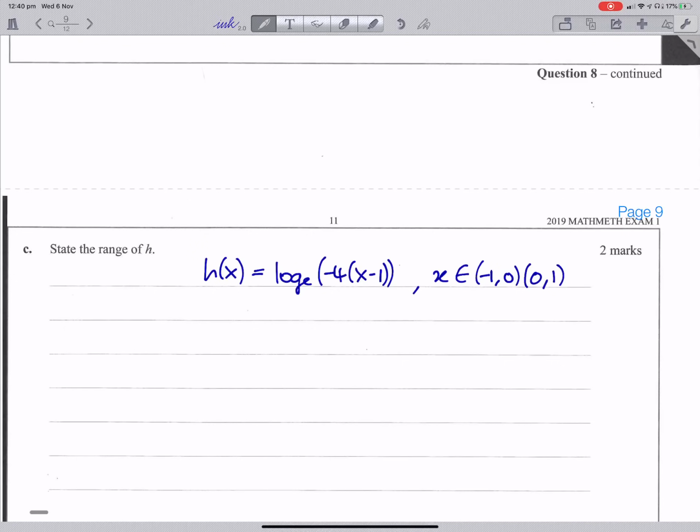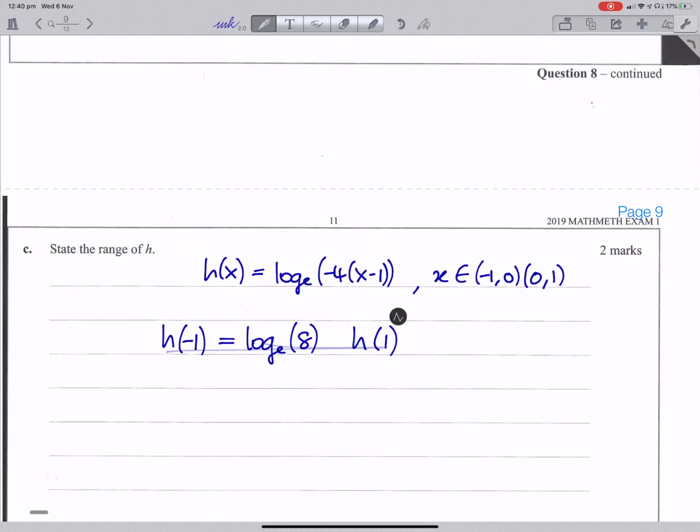Alright, so if we put -1 in, h of -1 is log e of -4 times -2, which is 8. If we put 1 in, that's going to be undefined. So it's either going to go to infinity or -infinity.